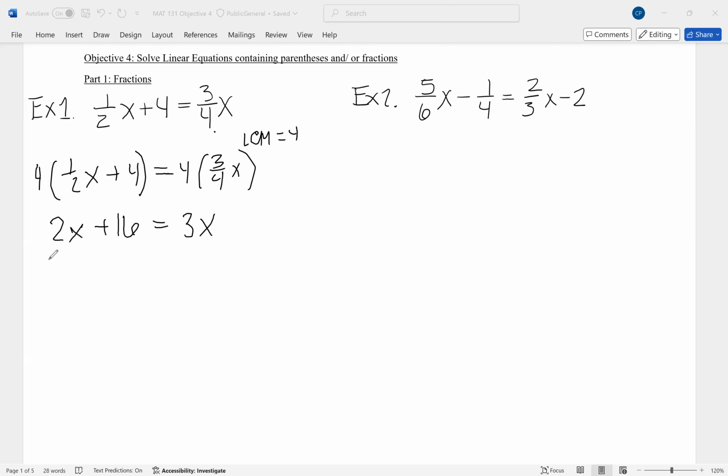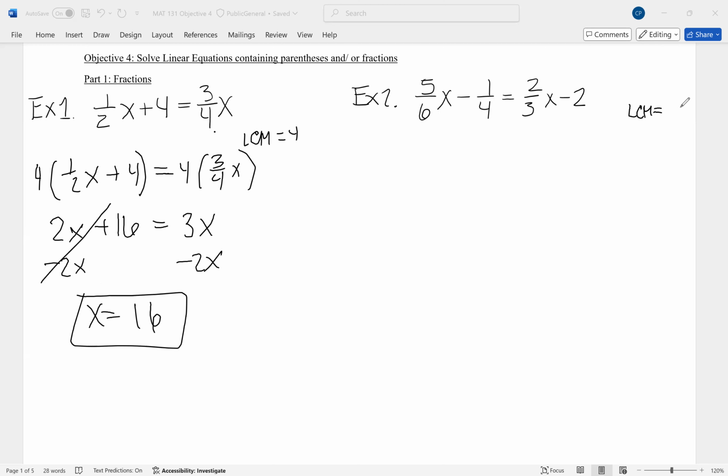We can subtract 2x from both sides. That's going to give us x equals 16.